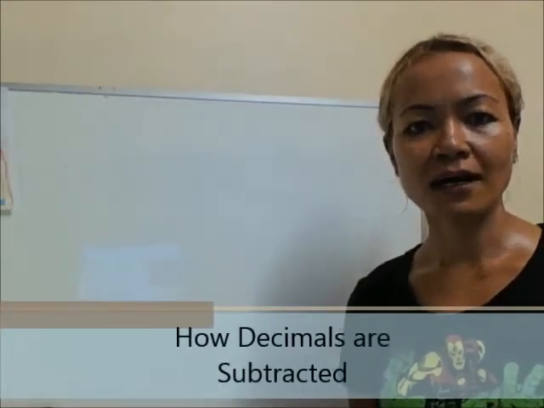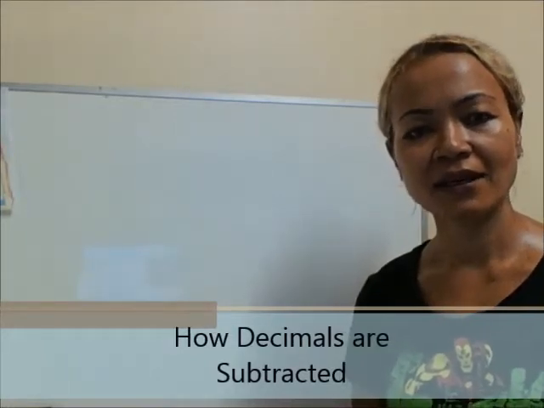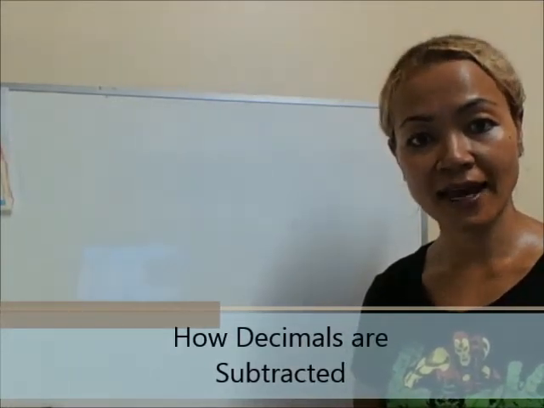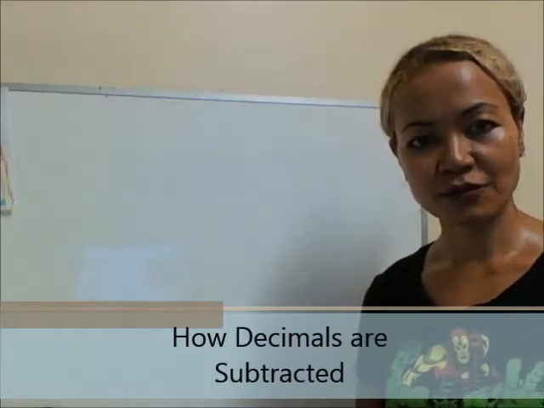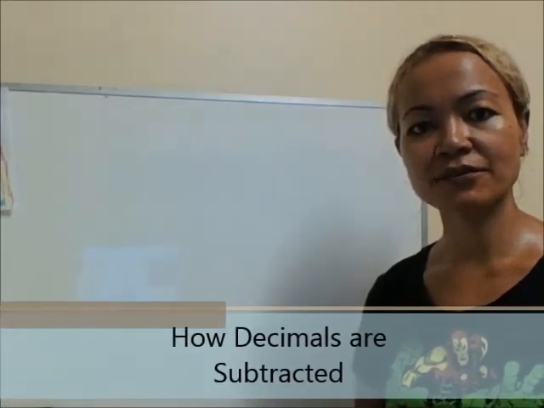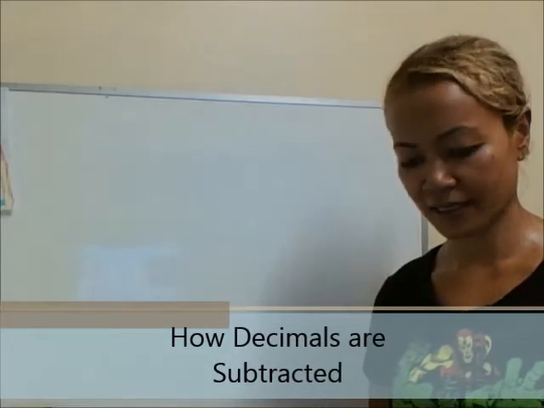So how are decimals subtracted? Well, exactly the same way that they're added. I mean, you're doing a different thing, but the important thing is you have to align everything.